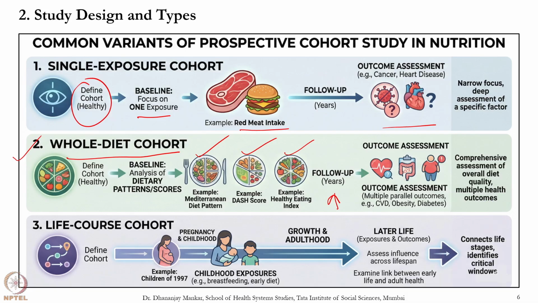In later life, exposures and outcomes connect to different stages, the critical windows examining the link between early life and adult health, where you can identify how they are seen with exposure to exclusive breastfeeding or early diets, or giving more importance to milk products or even proteins, linked with their disease condition in their adult life.